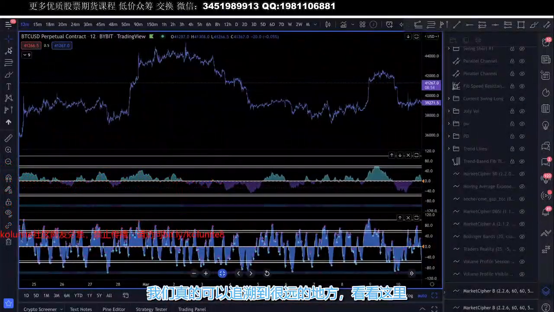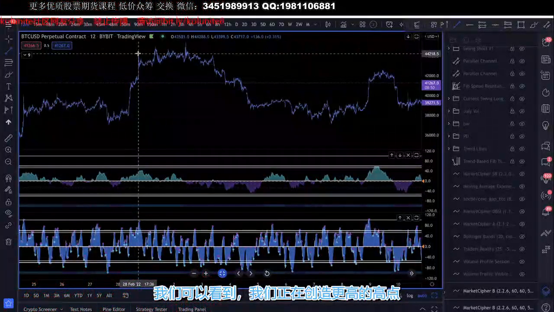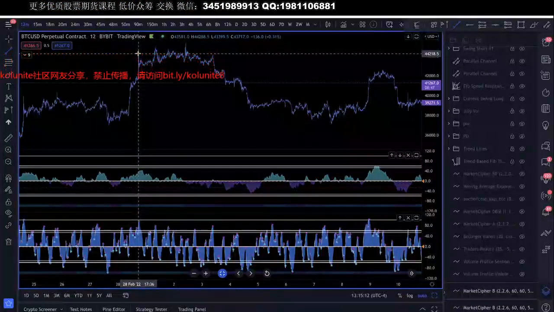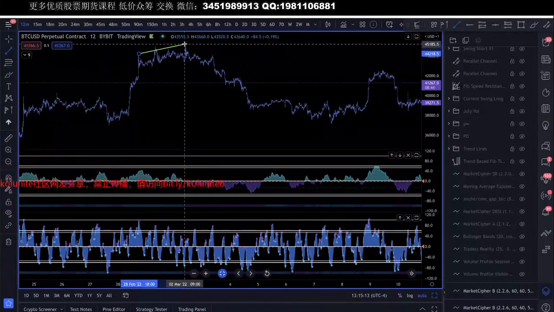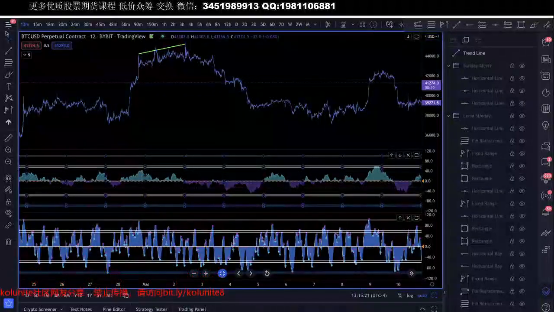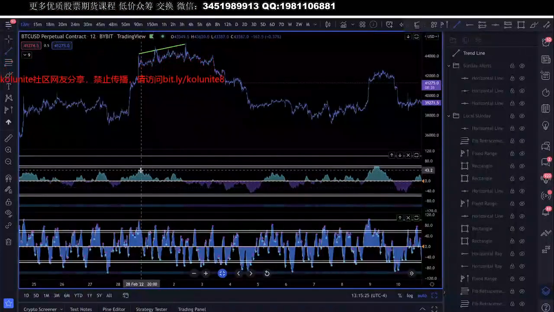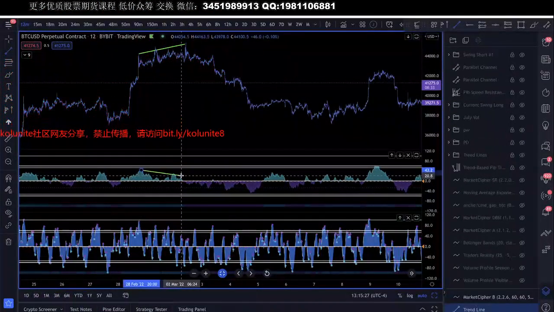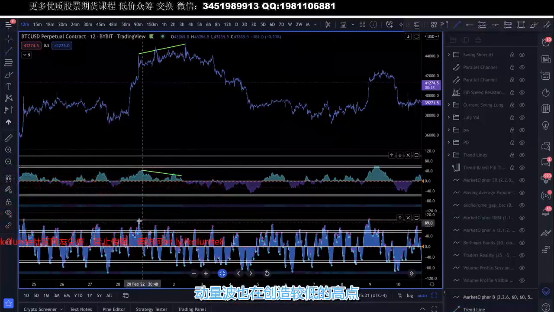Look at this right here. We can see that we are making higher highs, right? The money flow is making lower highs. And the momentum waves are also making lower highs.